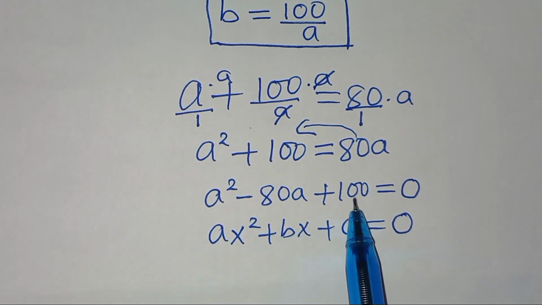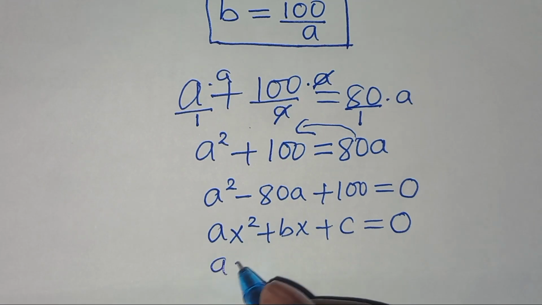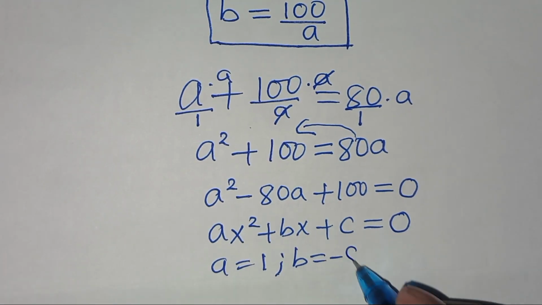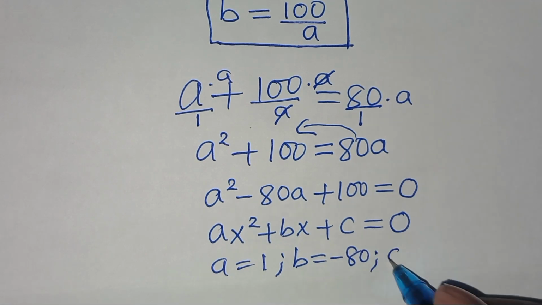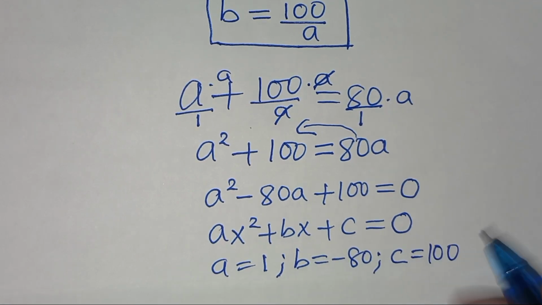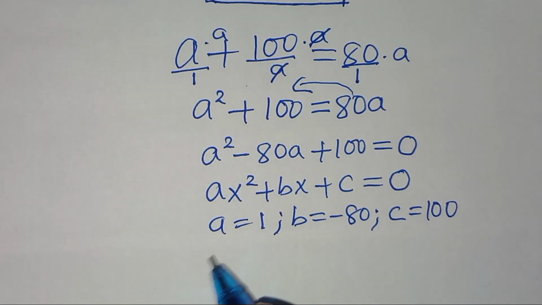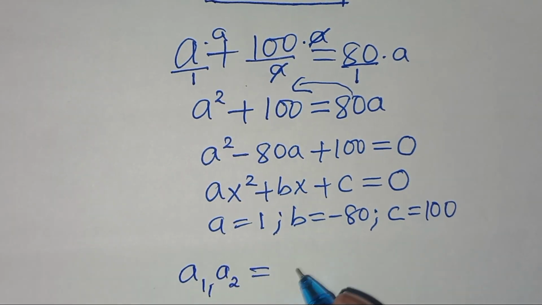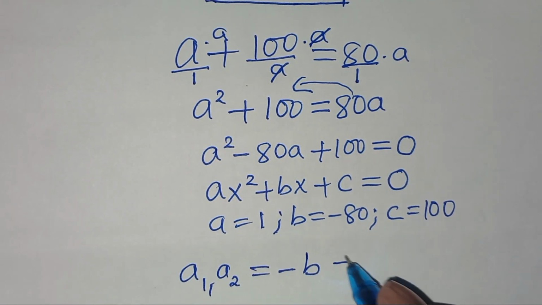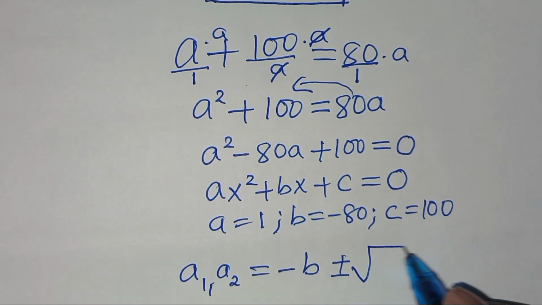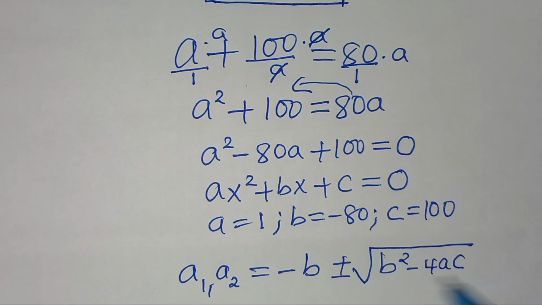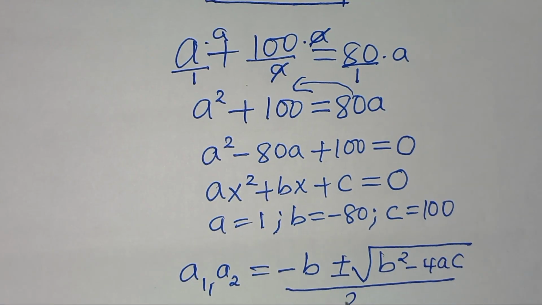From this quadratic equation, we have a equal to 1, b equal to minus 80, and c equal to 100. So for the values of a1 and a2, we introduce the quadratic formula, which is minus b plus or minus the square root of b squared minus 4 times a times c, all divided by 2 times a.